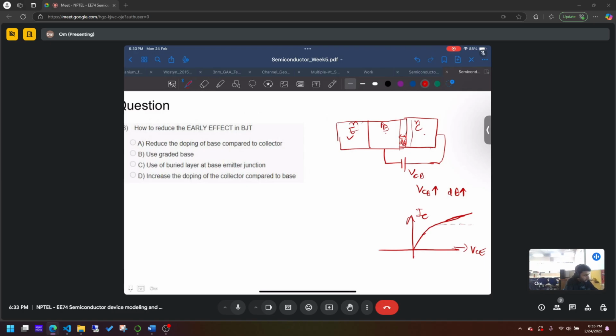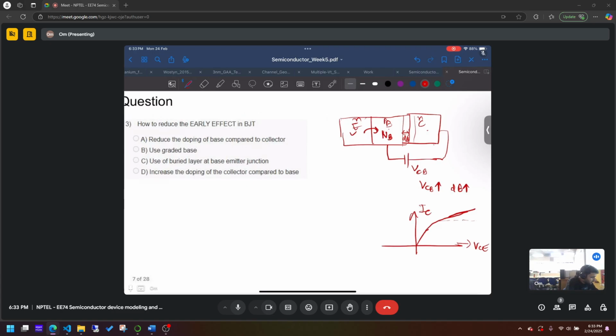So that depends on the doping of the base, because the number of charge carriers entering from emitter to the base, the electrons that are injected here, are dependent on the base doping, say number of electrons is proportional to n_i squared by N_B times e to the power V_BE by kT, something like this.